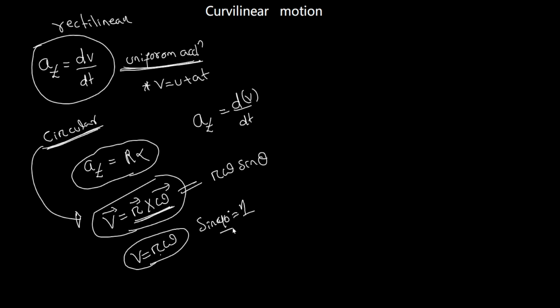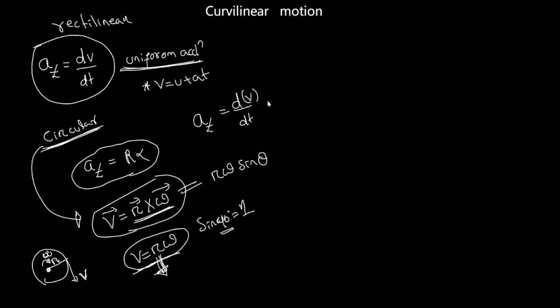If theta is 90 degree, then sine 90 degree will be 1. This is the case in circular motion, because the radius is the same everywhere. See, this is the circular motion. Everywhere there is a radius and the velocity vector, and the object is rotating with omega about this point. There is an axis. So r vector and omega vector are perpendicular to each other. So we write v is equal to r omega. Getting my point?